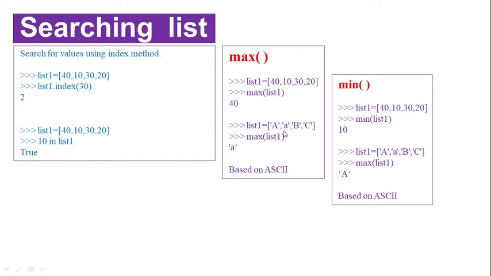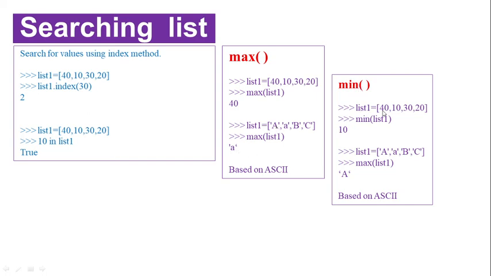There are a number of interchanging formats available. For the max of the string list, the ASCII value of small a is 97 and the ASCII value of caps A is 65. So the biggest one is small a.